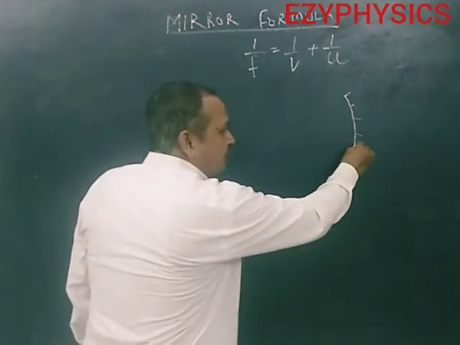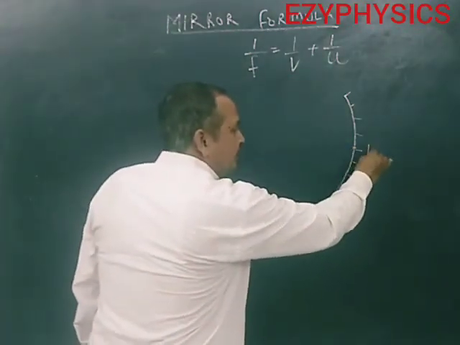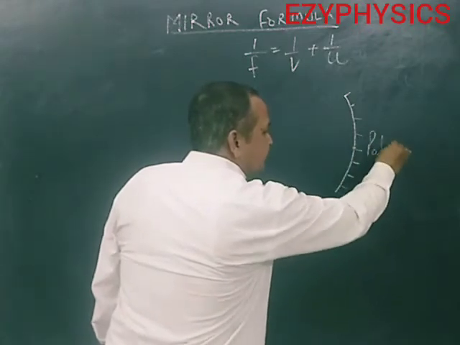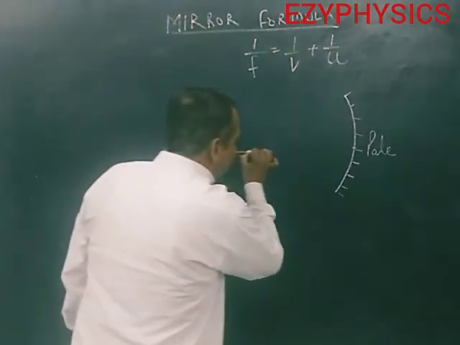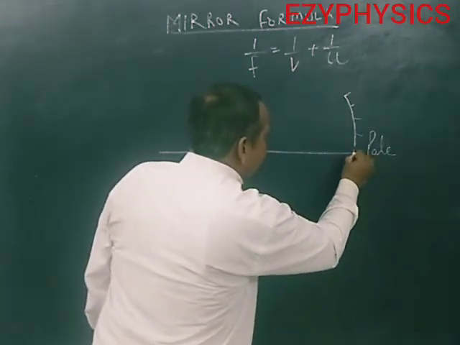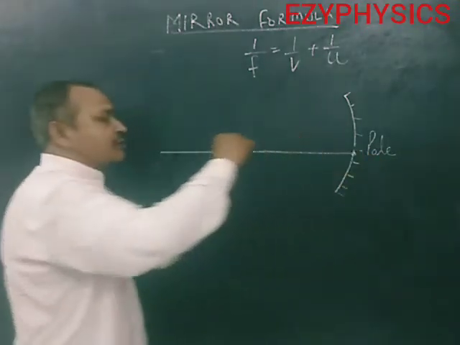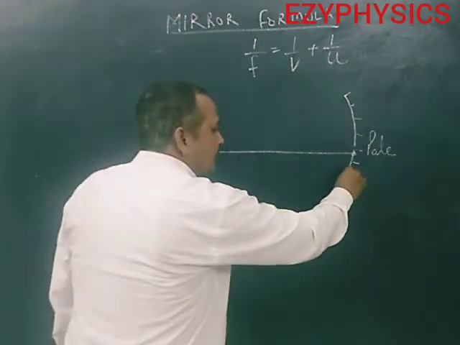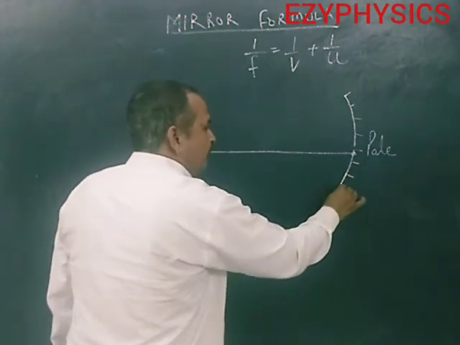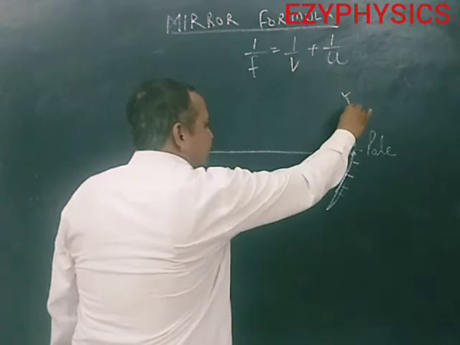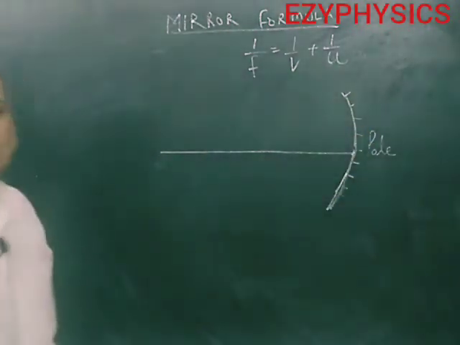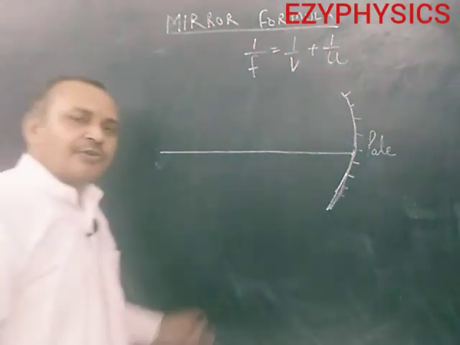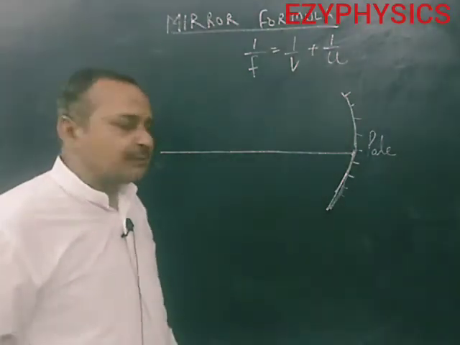We all know that the center of the mirror is called the pole, and a ray which is perpendicular to the mirror and which passes through the pole is termed as the principal axis. We are very clear about this concept.